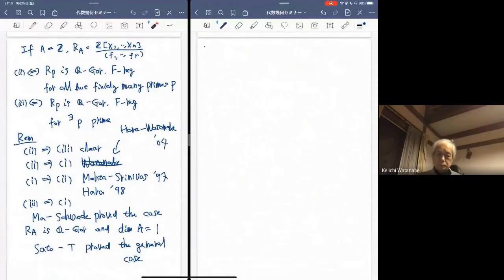And that is theorem 2. Again, this is a combination of results of Hara Watanabe, and Fujino and myself, and Sato and myself.